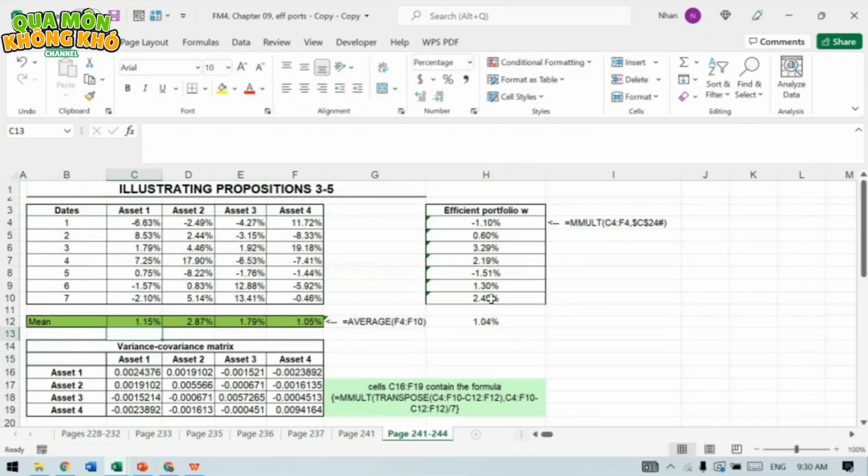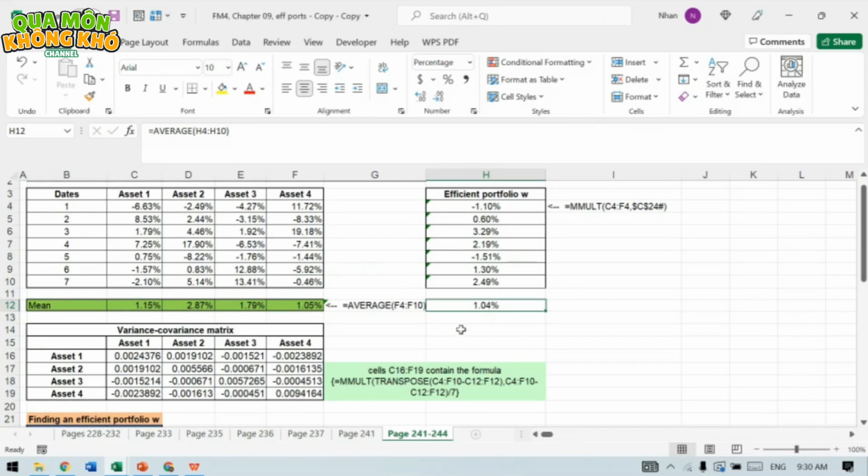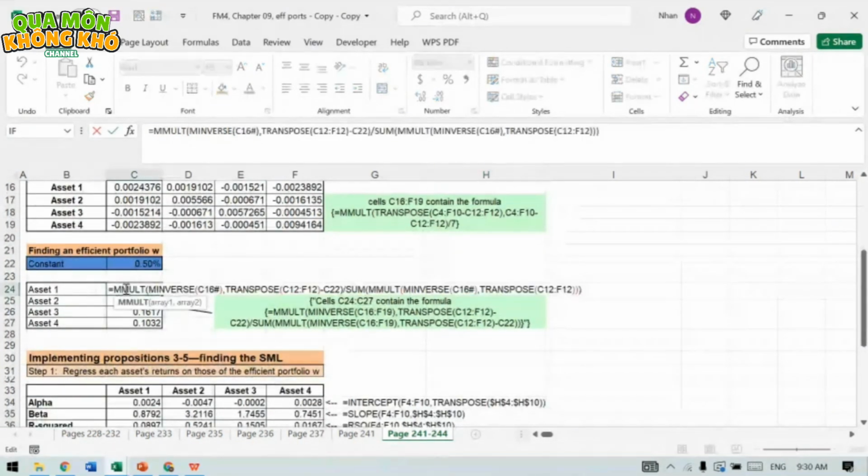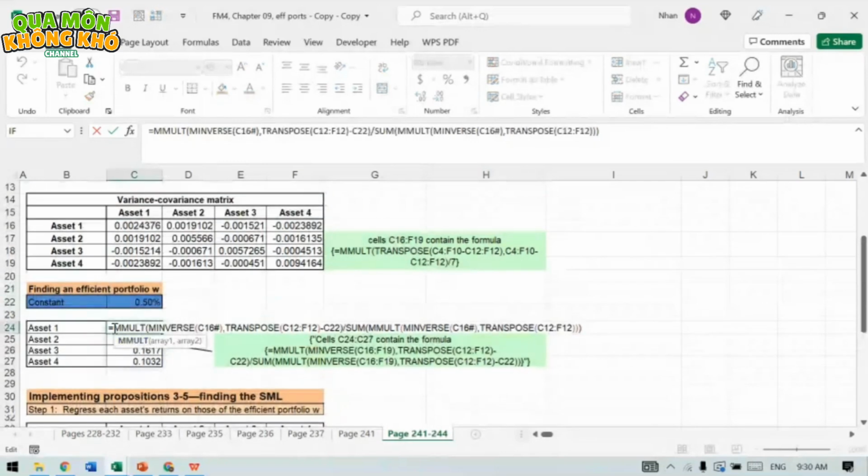Okay. I think something is wrong here, teacher. Efficient portfolio W. How about your asset proportion? Asset weight. Yes, it's different. Let me check again.